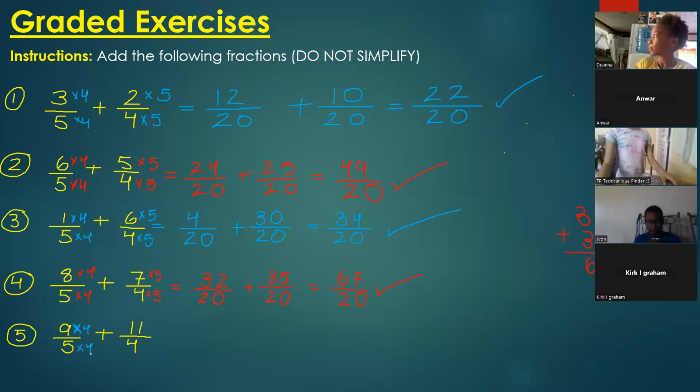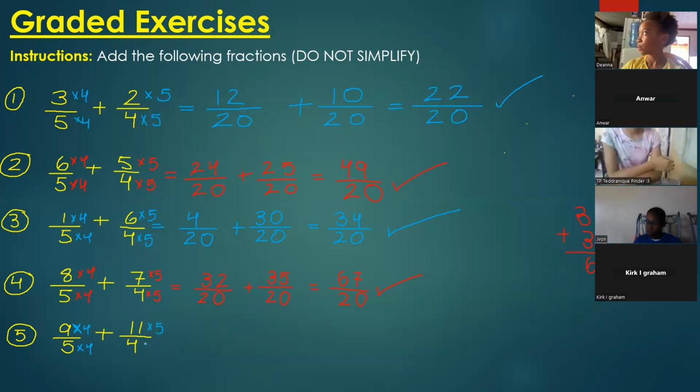Then I'm going to put 11 times 5 and 4 times 5. Very good.